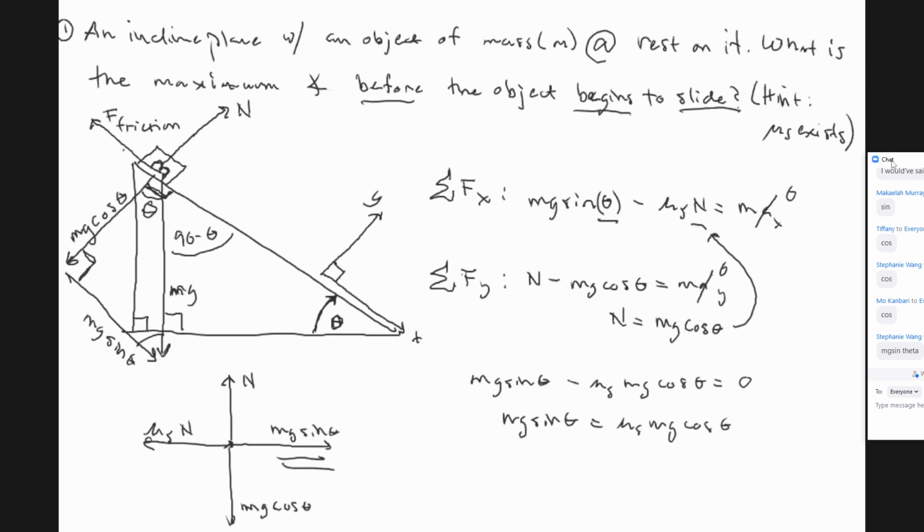So we divide throughout by mg. That becomes 1. You can divide throughout by cosine, so you get sine over cosine, which is tangent, is equal to mu s. So theta is simply the inverse tangent of mu s.